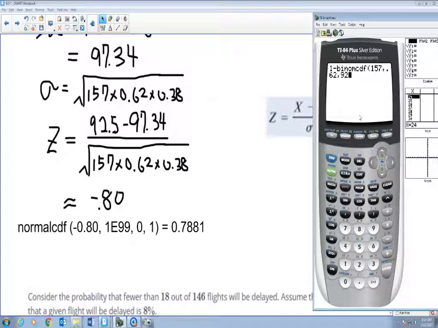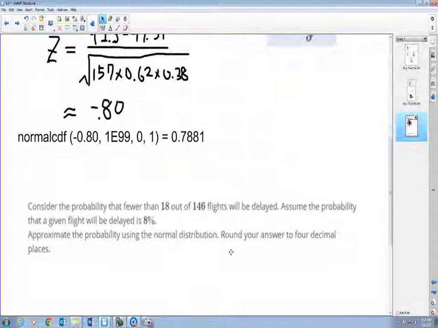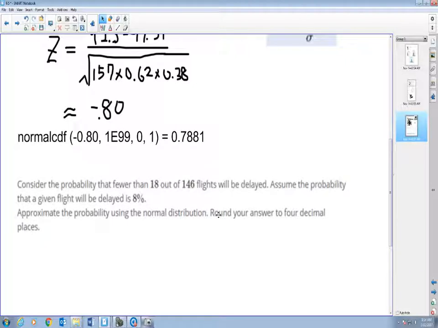What I don't want is 0 flights on time all the way to 92. So once I figure out what I don't want, subtract it from 100%. Okay, that's very, very close. 0.7876. Okay, so normal distribution can be used to approximate your binomial. All right. Let's try another one.